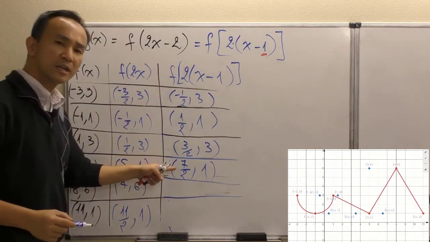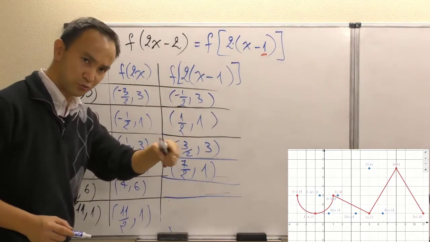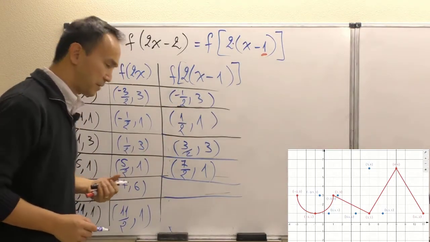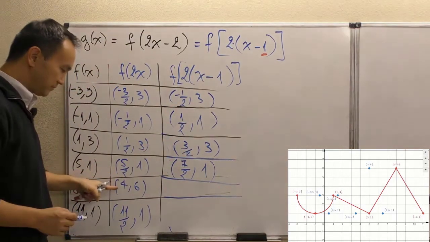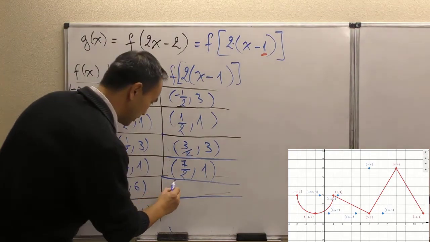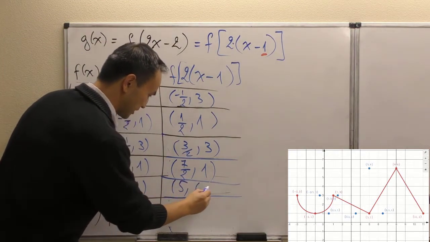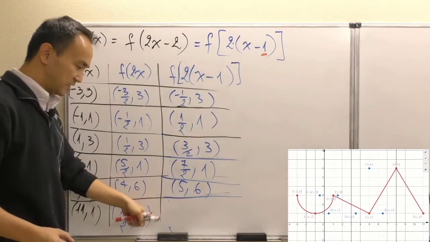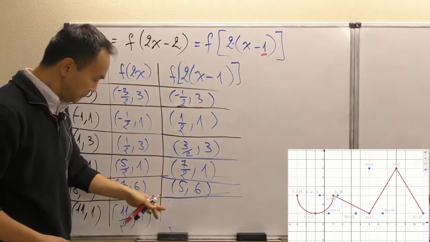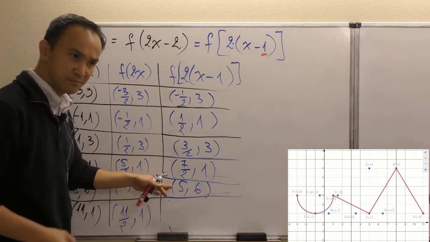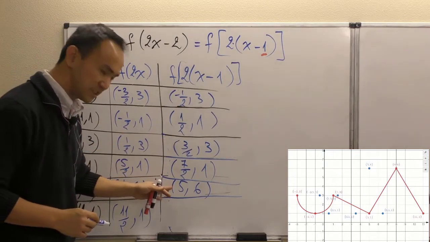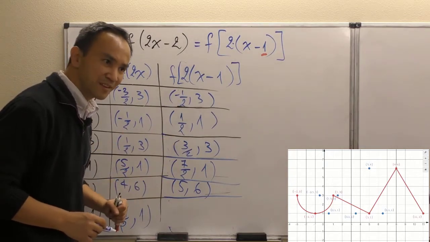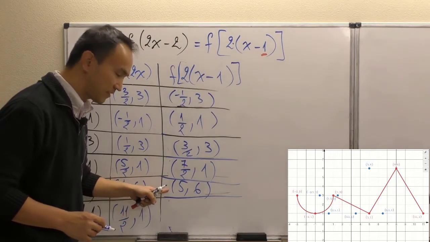That point again looks correct with the point generated by my graphing device. This point right here, adding 1 gives me simply 5, comma 6. Again, the second one from the last point is correct as well. Yes, it's 5, comma 6 right there.